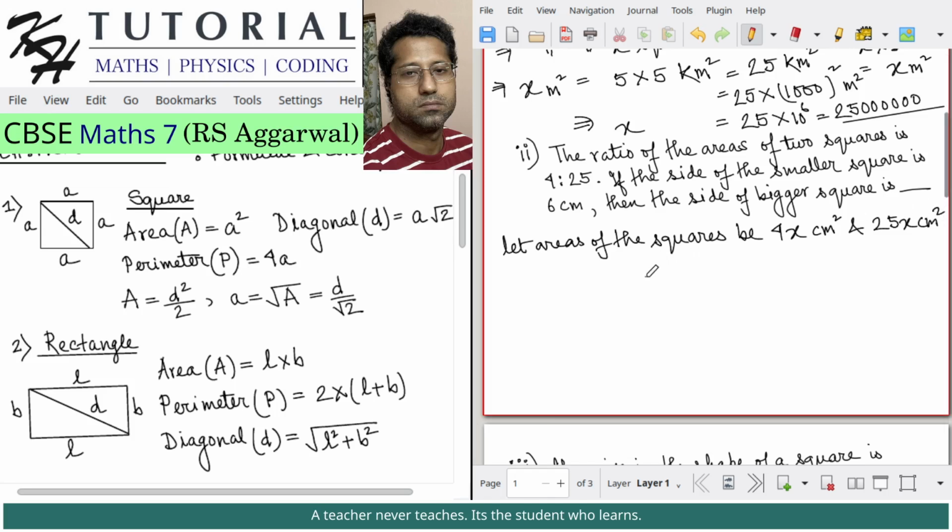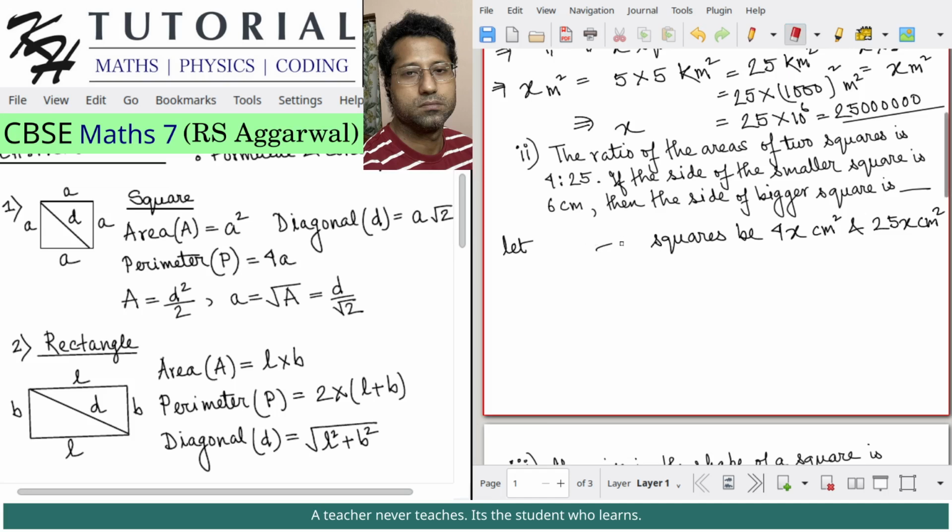Okay, now if the side of the smaller square is 6 centimeter, then the side of bigger square is. I think I am doing it wrong.